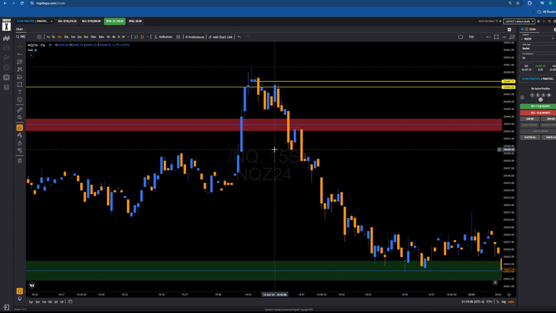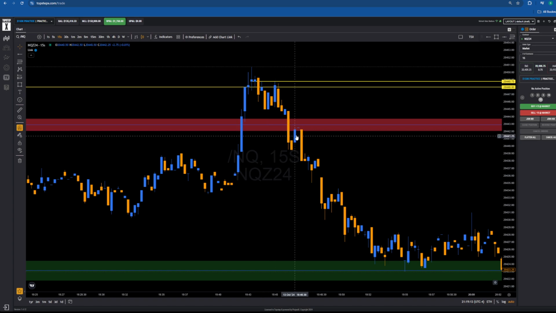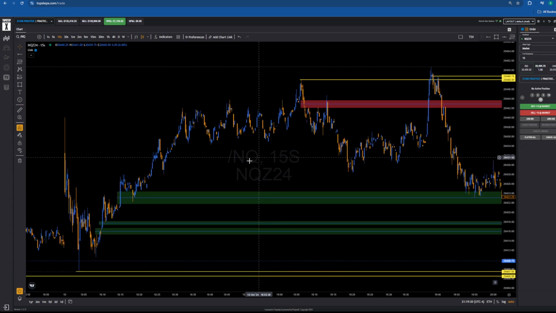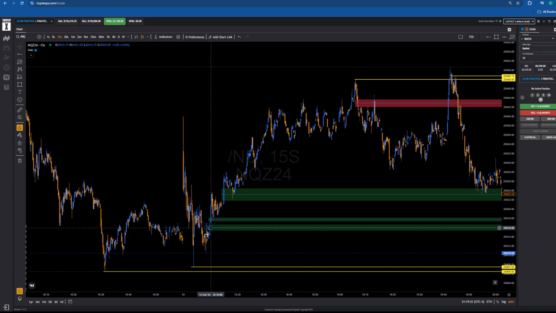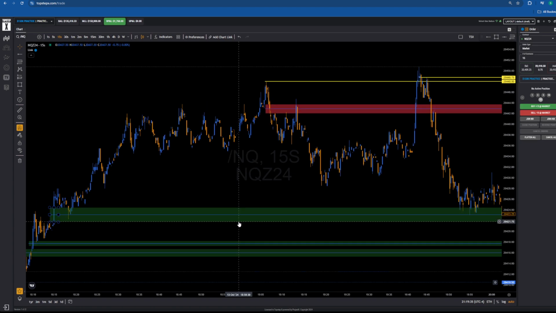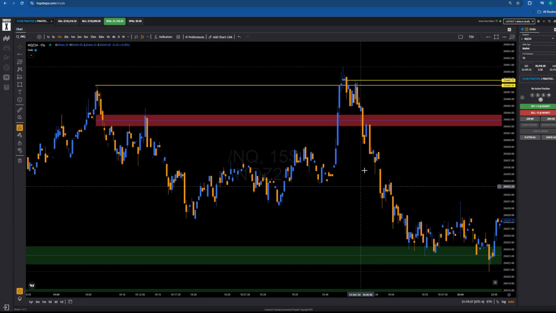I placed the limit at this point because I knew the market was going towards that fair value gap, just to fill partially, around 25 to 50% of the fair value gap, and then the market would come crashing down towards these fair value gaps that were not initially filled, right? So exactly what happened, I got filled here, and I had no drawdown at all.